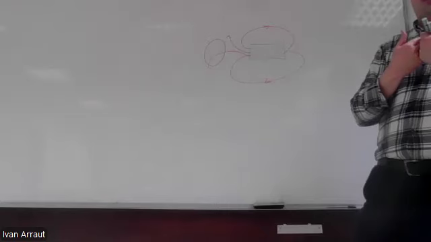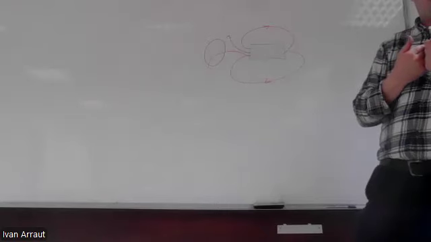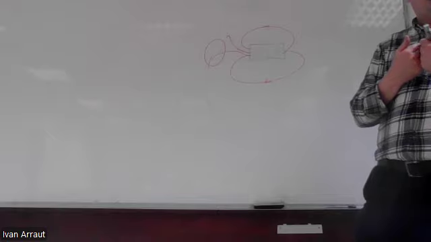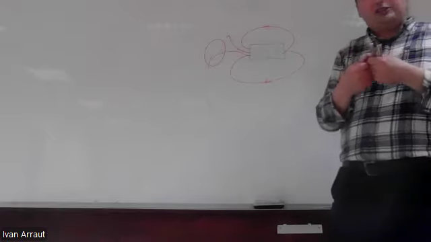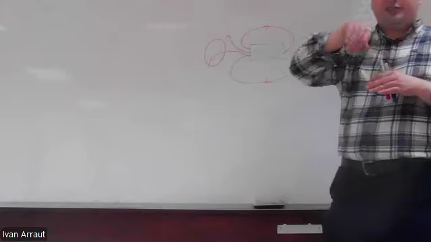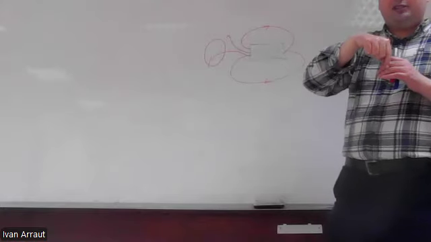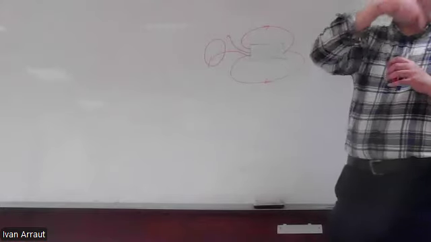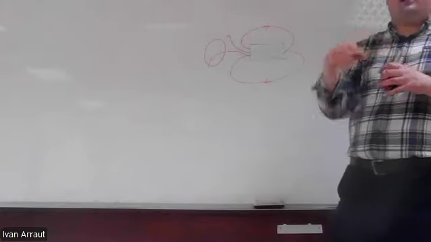The wire doesn't like this. The wire wants to decrease those lines. So it tries to generate a current such that it contrasts. It creates a magnetic field in the opposite direction if I approach.